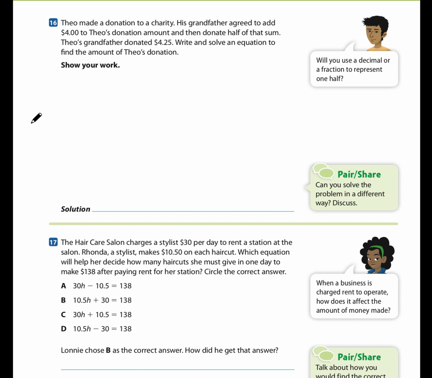All right, so let me go ahead and highlight a couple things here. We know that his grandfather agreed to add $4 to whatever the donation is, and then he's going to donate half of that sum. So far, his grandfather has donated $4.25. So let's talk this through. We're going to write an equation. We have a donation.